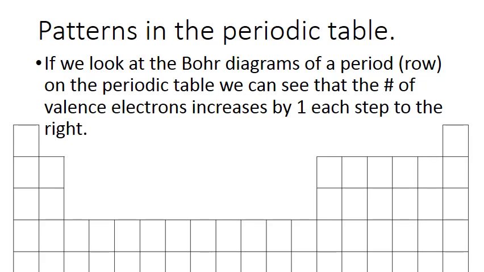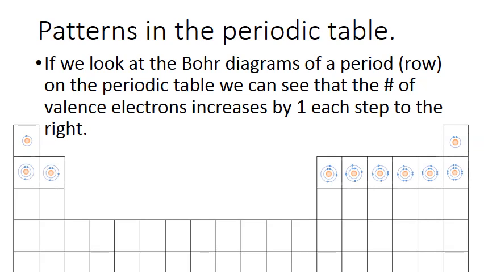Now let's take a look at the patterns of the valence electrons in the periodic table. So if we look at the Bohr diagrams of a period on the periodic table, we can see that the number of valence electrons increases by 1 each step to the right. So in the first row, or the first period, we have 1 and then 2 valence electrons.